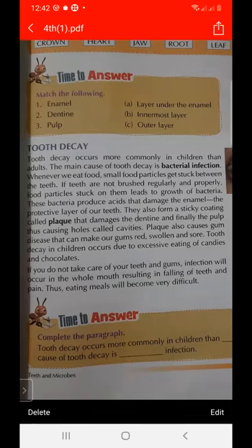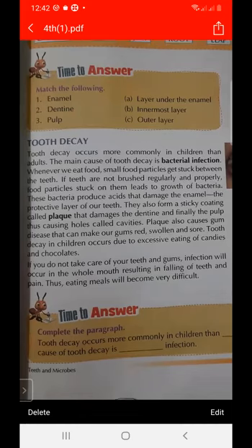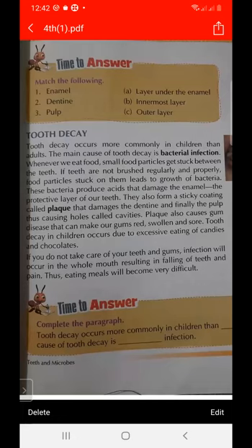Tooth decay in children occurs due to excessive eating of candies and chocolates. If we eat excess candies and chocolates, tooth decay in children may occur.